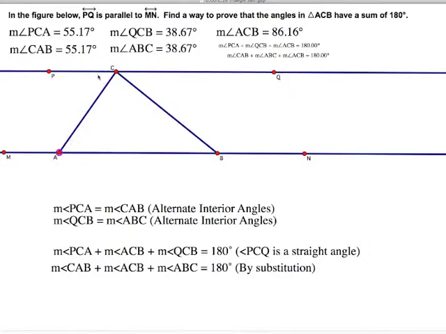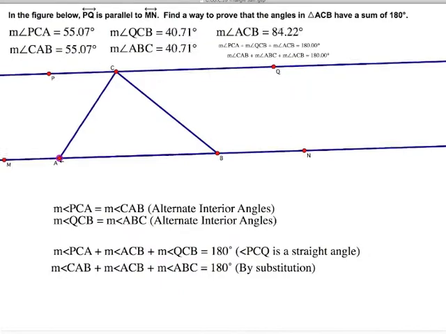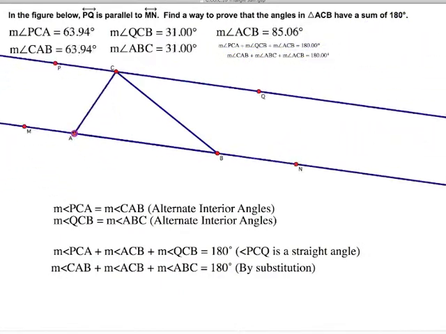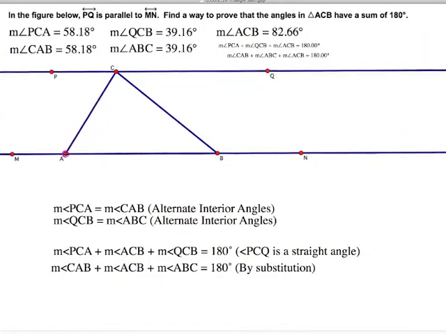And I can think about these parallel lines as parallel lines getting cut by the transversal CA. These are my alternate interior angles, which are congruent when those lines are parallel, which they are. You can see that here. In this case, they're both about 55 degrees. And as I move them, they will change, but they'll continue to be the same. They're always going to be congruent.